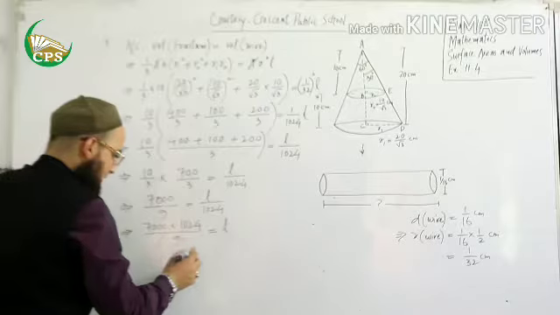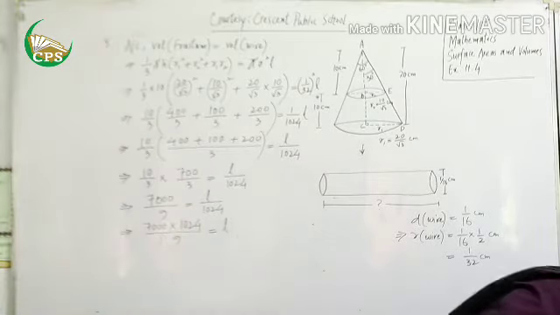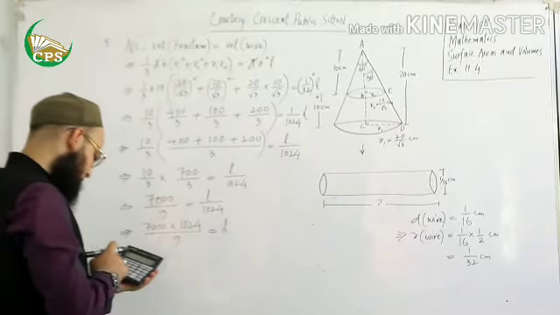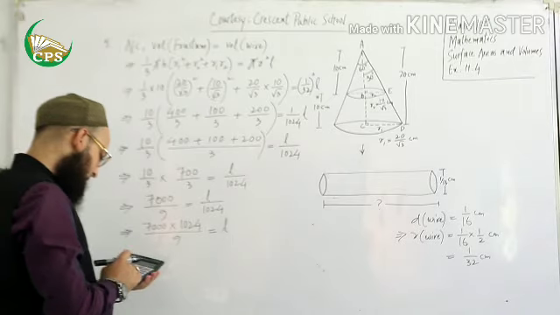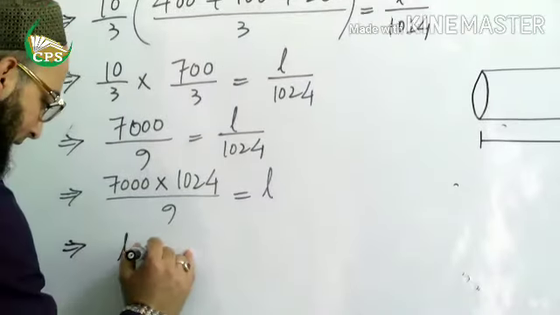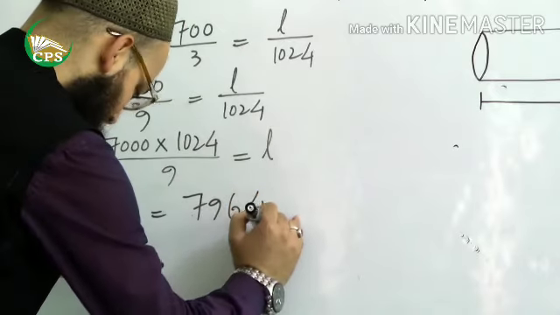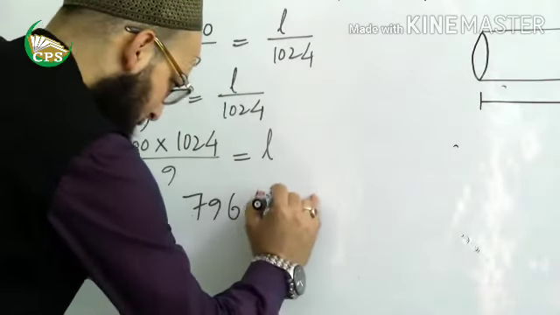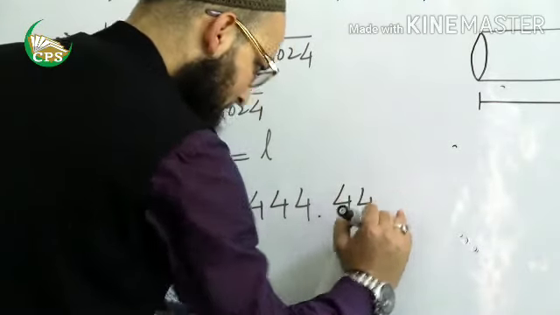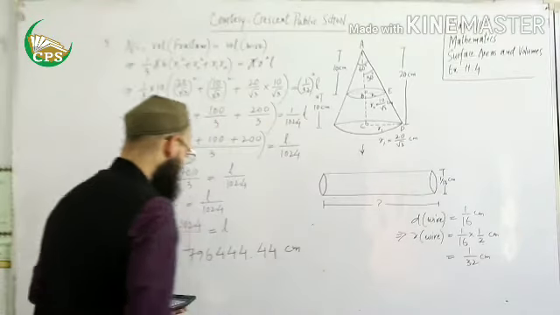You got it? Then I can do, now let me solve this on the calculator. Now 7000 times 1024 divided by 9. So I got, which implies that L is equal to 79644.44. Now we are dealing in centimeters, so that means this is in centimeters.